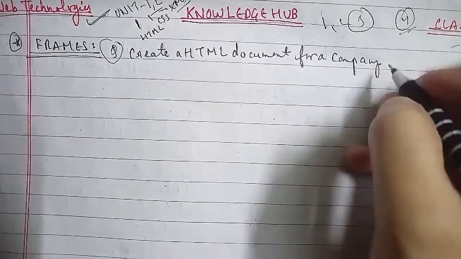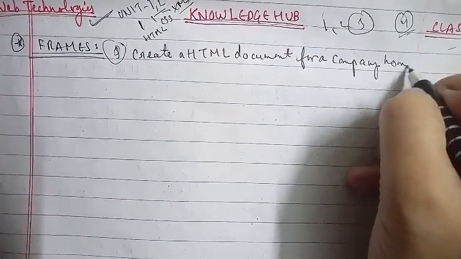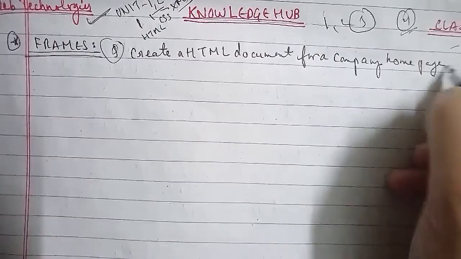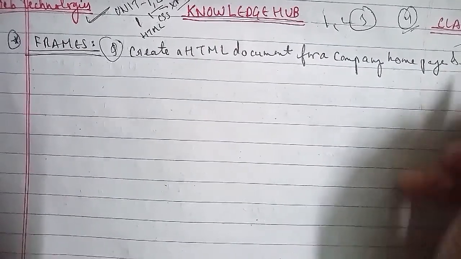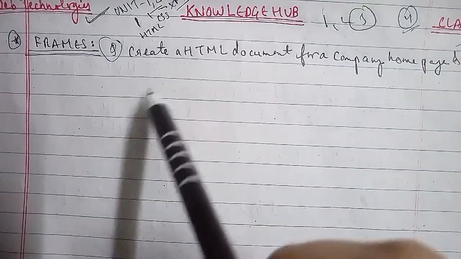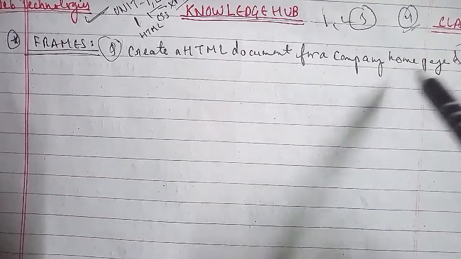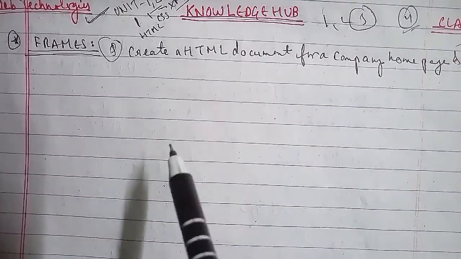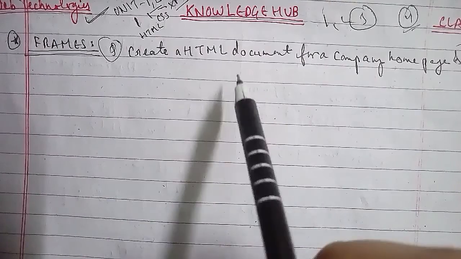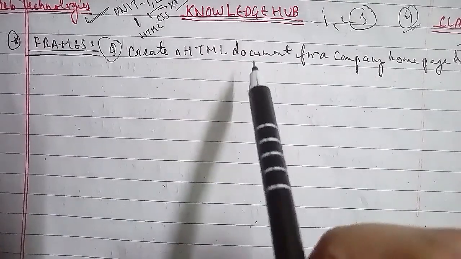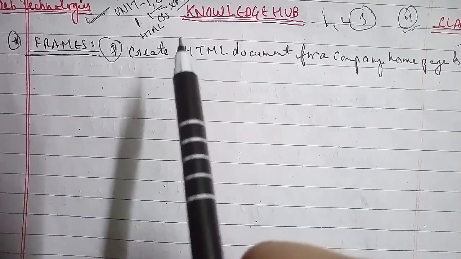So we have to create an HTML document for a company homepage, and for the creation of web pages, frames are used. There are many steps related to that, so I will just let you write 3 steps, then we'll proceed.